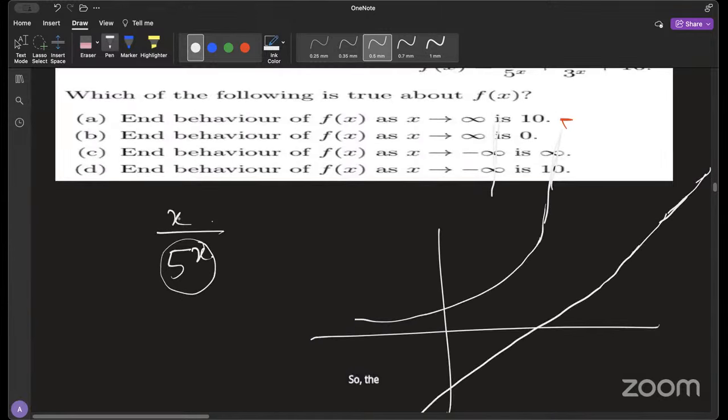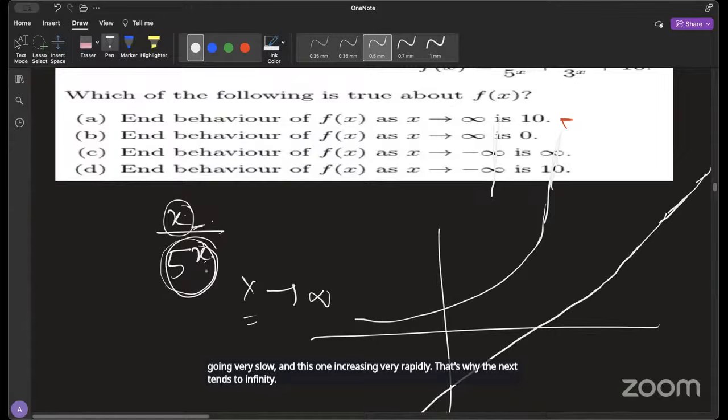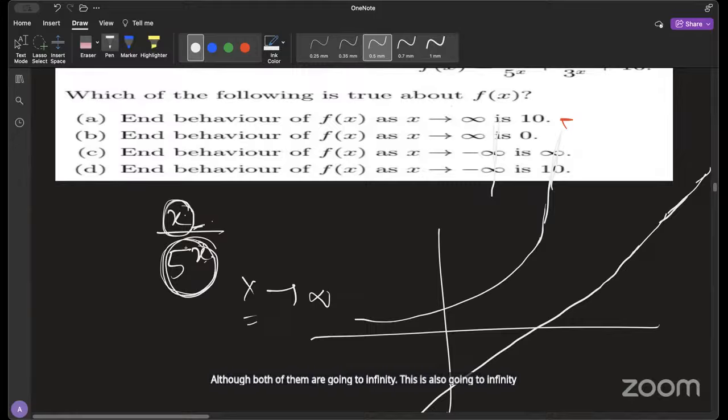So the point here is that this one is going very slowly and this one increases very rapidly. That's why the expression tends to infinity. Both of them are going to infinity, but the exponential is going to infinity way more rapidly than the numerator. That's why this entire expression tends to infinity.